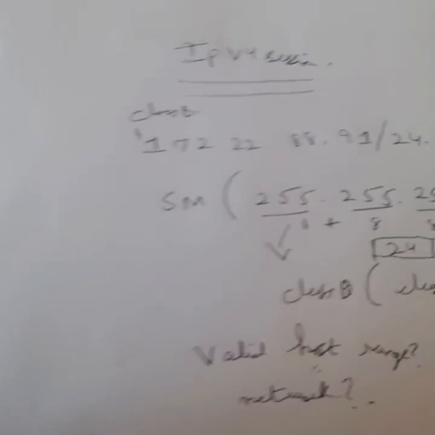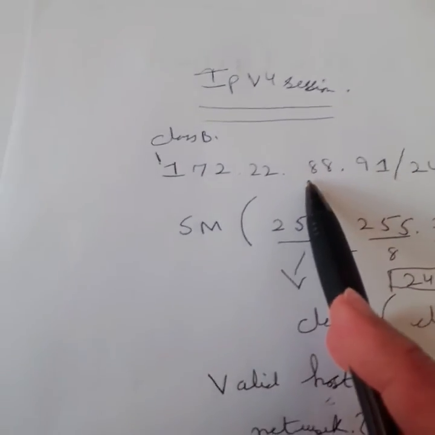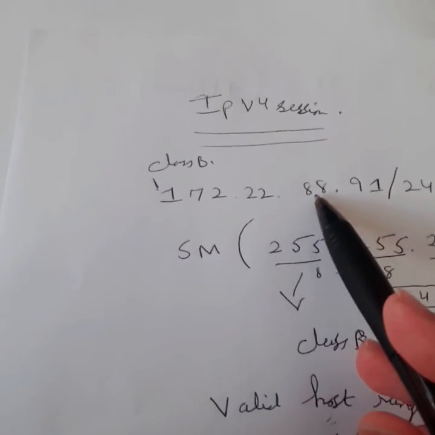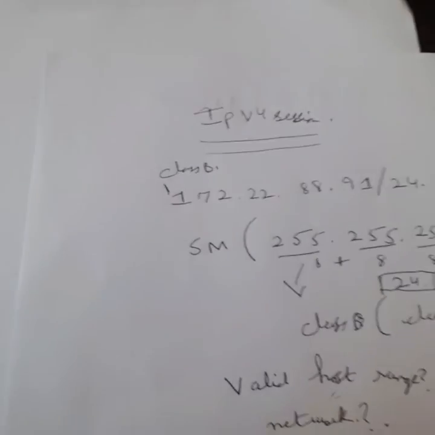So for where this IP address, 172.22.88.0, resides, we know that our network is 88.0. This IP address falls in that network.